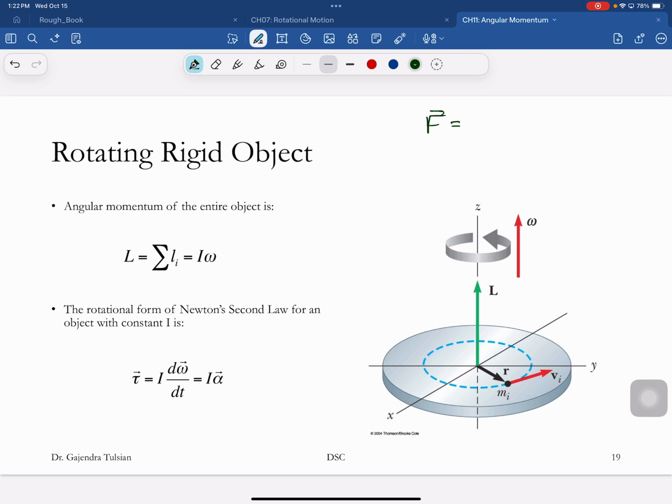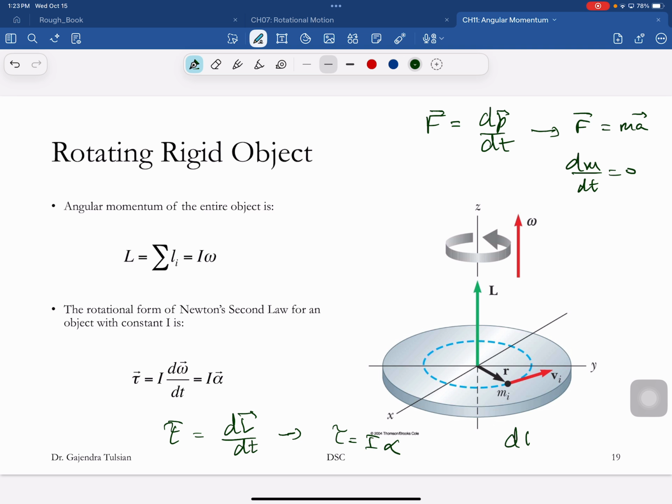So here is Newton's second law, and this reduces to F equal to ma when dm by dt is 0. Similarly, torque is dL by dt, and this reduces to torque is I times alpha when dI by dt is 0, when the moment of inertia of an object is not changing.